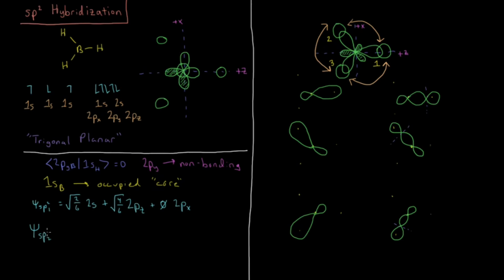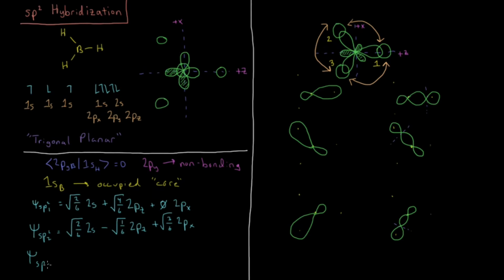Our second one is going to be the square root of 2 over 6 2s, then minus the square root of 1 over 6 2pz, plus the square root of 3 over 6 2px.